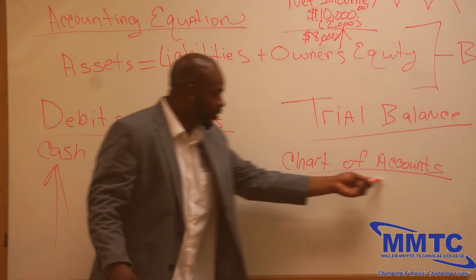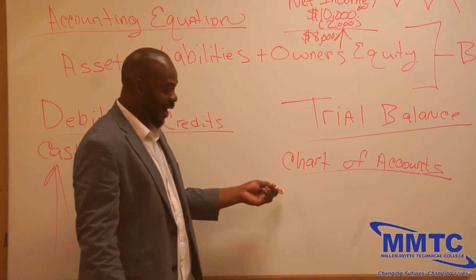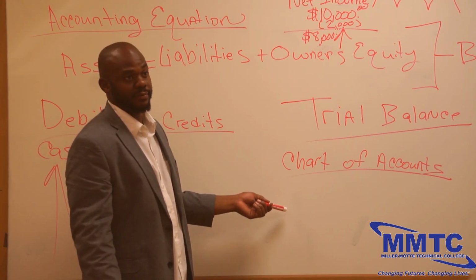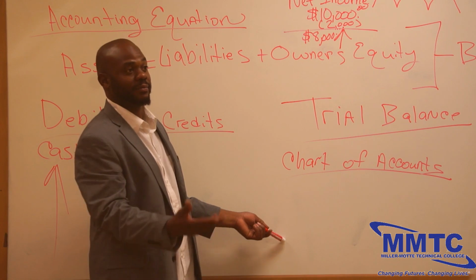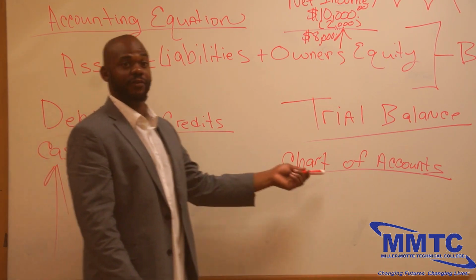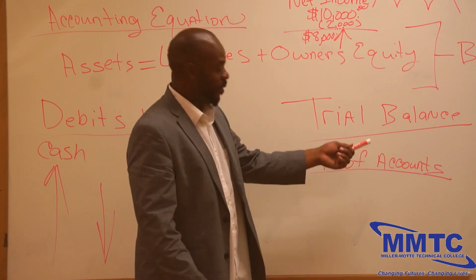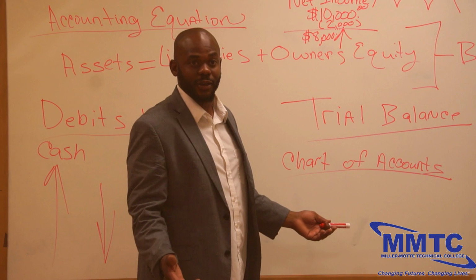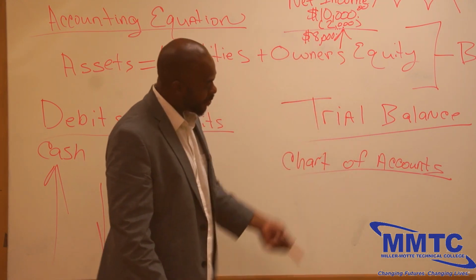So you can look on this chart of accounts and it'll have cash account, utility expense account, equipment, rent, land, revenue for tuition, revenue for tutoring, every account that you can use.